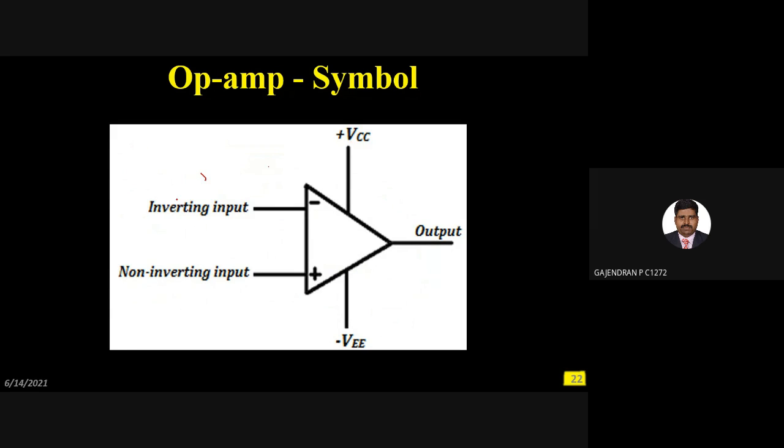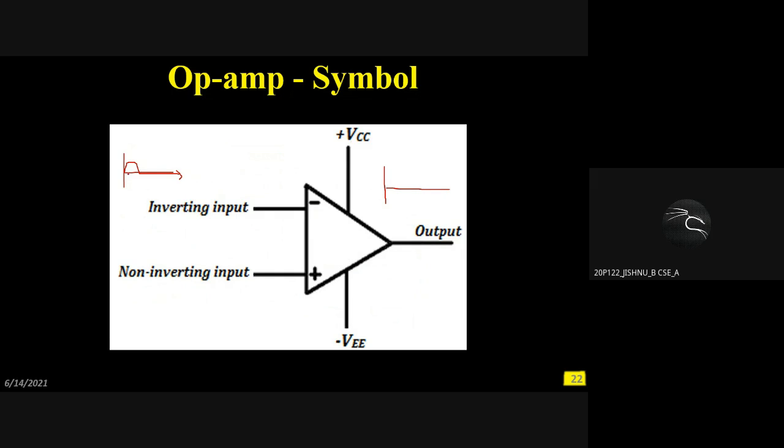So you know about the inverting amplifier and non-inverting amplifier. A similar concept applies here also. If we have a positive going signal at the inverting terminal, what will be my output?